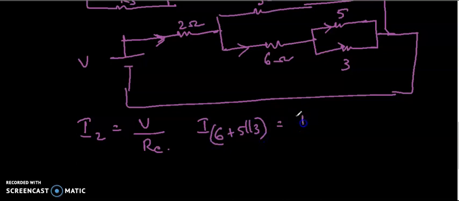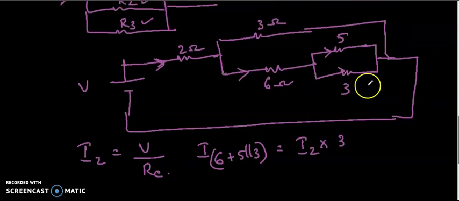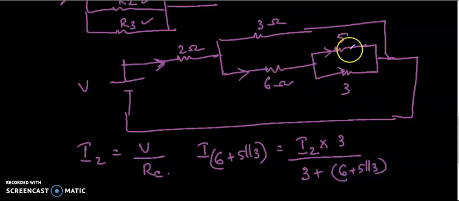That is I2, the total current through these two branches. Right? Therefore, we can find it by total current into resistance of the other branch, that is 3 ohm, divided by sum of the resistances, that is 3 plus 6 plus 5 parallel 3, the effective of this branch.